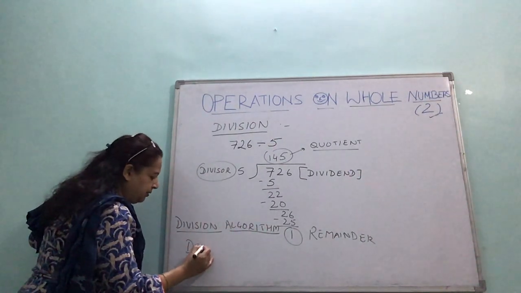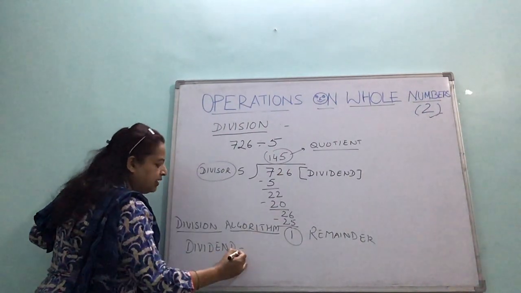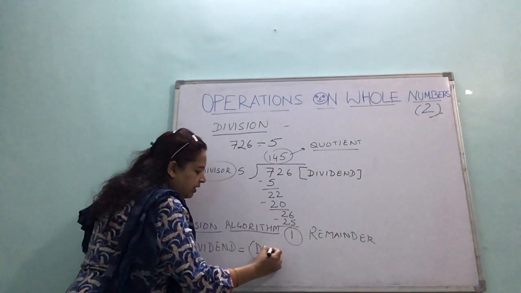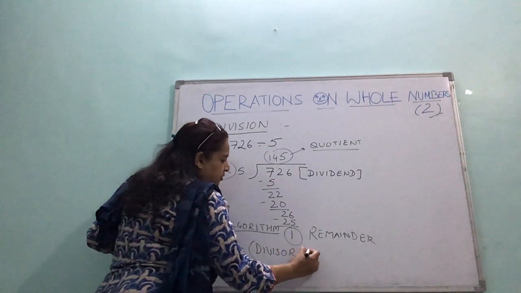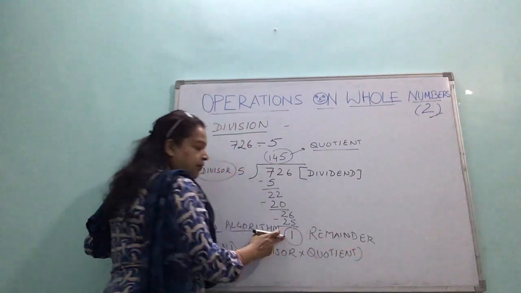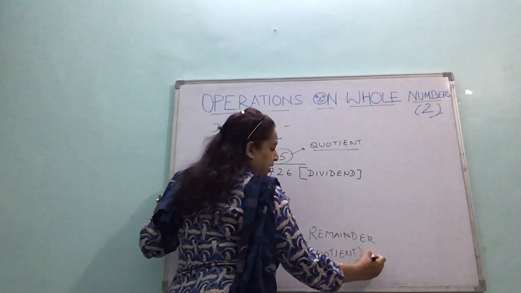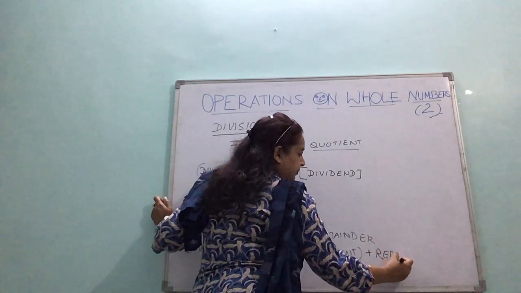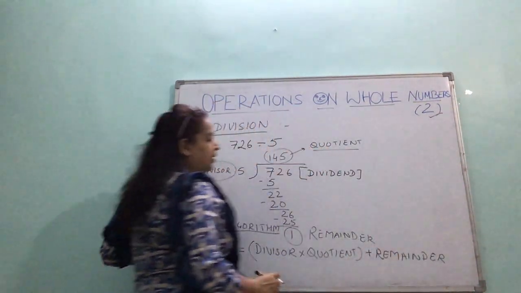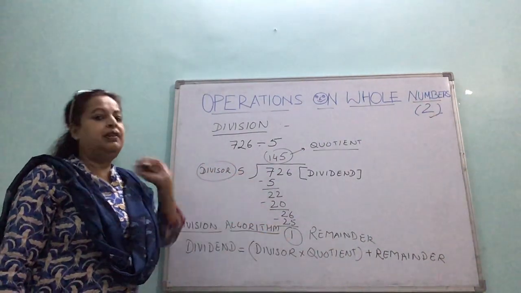Dividend, that is this value, is equal to divisor into quotient, put it in brackets, and to that add the remainder. You multiply by this and then add the remainder, you will get back the dividend.